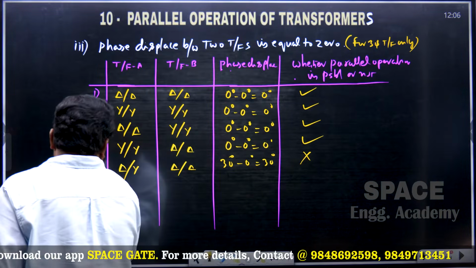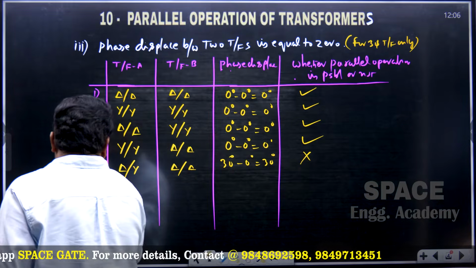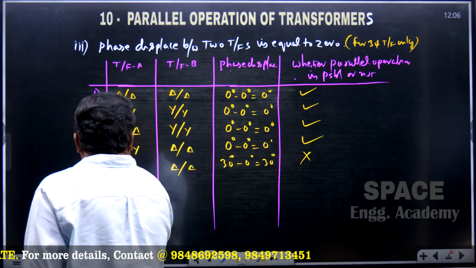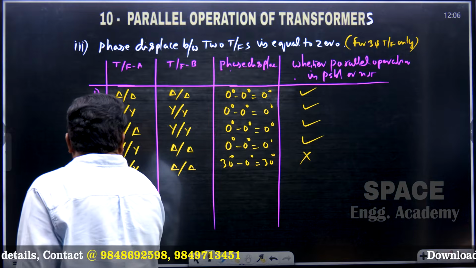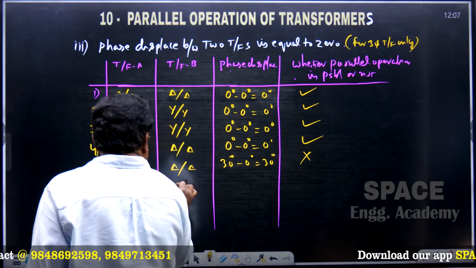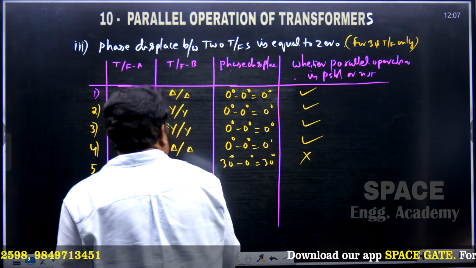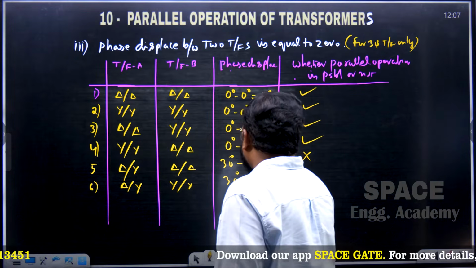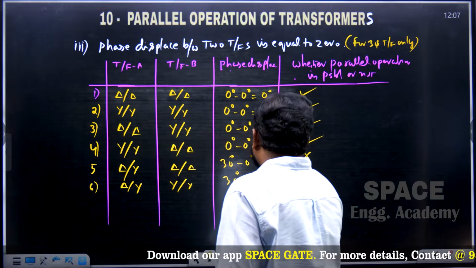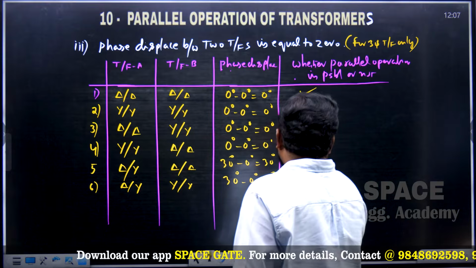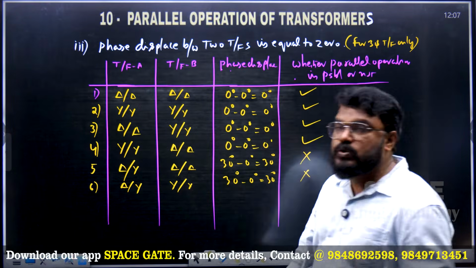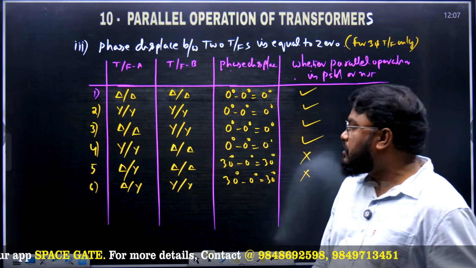And next, suppose I am taking the sixth combination: delta star and star star three-phase transformer. If we take this also, 30 degrees minus 0 is equal to 30 degrees, and these two transformers are also not suitable for parallel operation of the transformer.